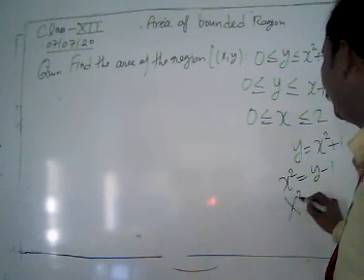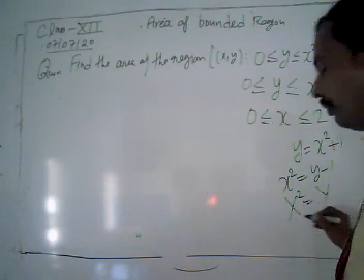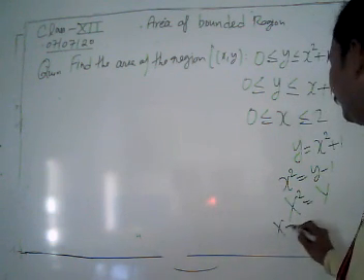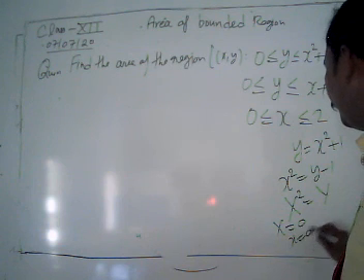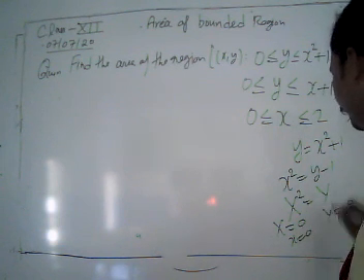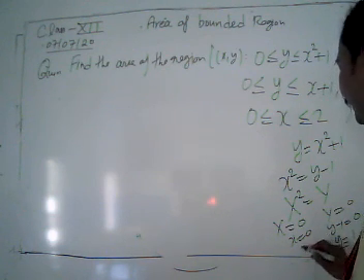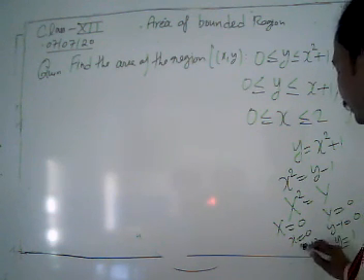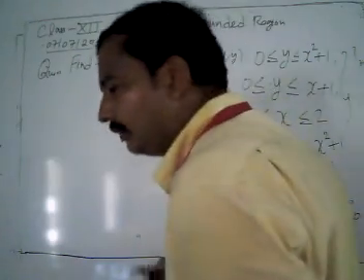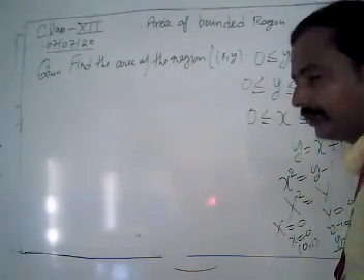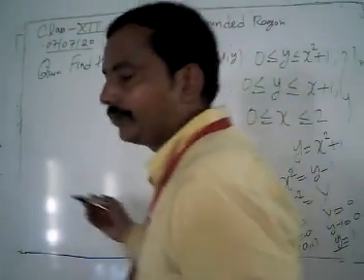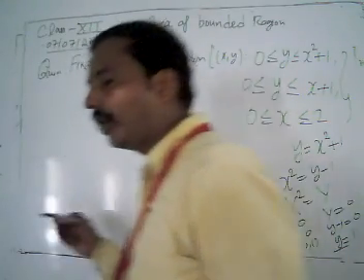This can be written as x square equals y minus 1 for the vertex. When x is 0, then y minus 1 is 0, so y equals 1. So we get our vertex 0, 1. This represents a parabola whose vertex is 0 comma 1.